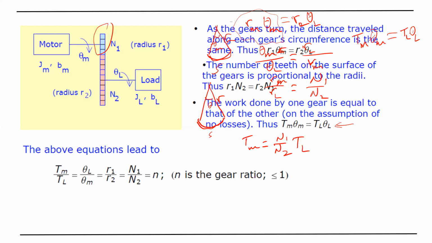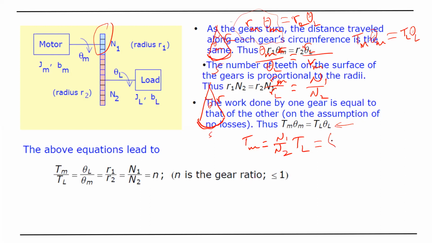Now, what is TL? Apply Newton's law. Remember, Newton's law stated that the summation of the torque must be equal to the moment of inertia times the angular acceleration. So remember this equation.